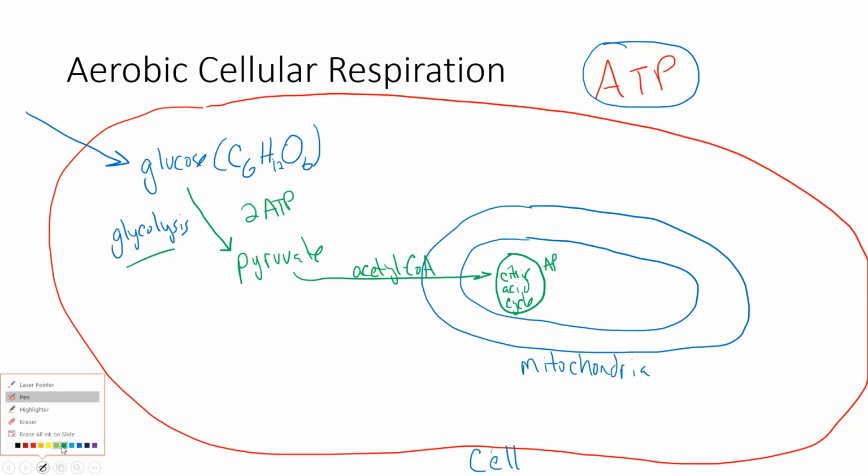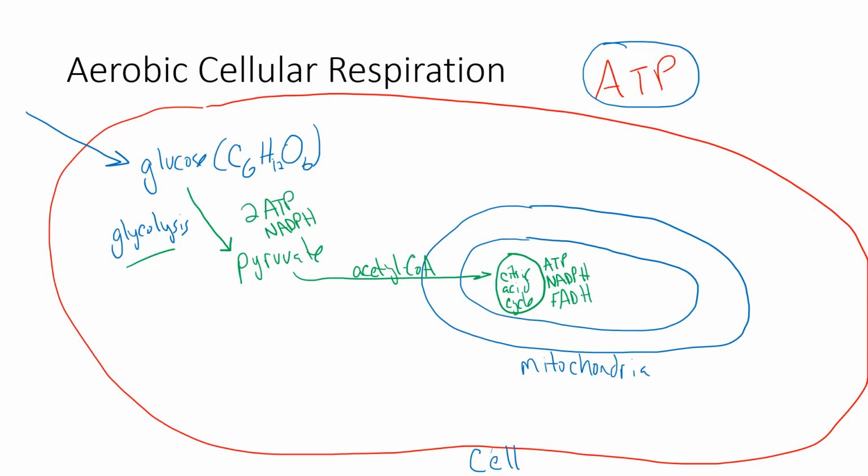In addition to ATP, there are some other molecules that are important for energy production called NADH, and there's also some NADH that are produced in the citric acid cycle, and FADH2.